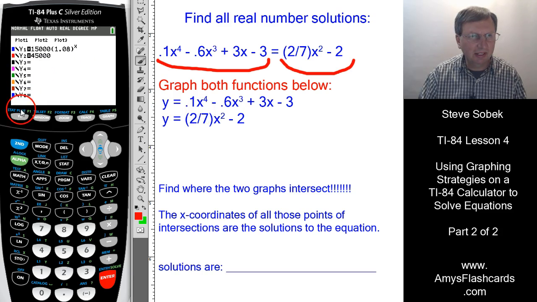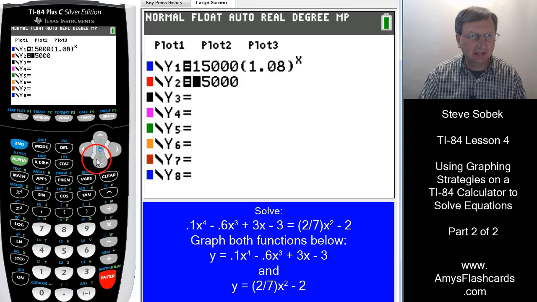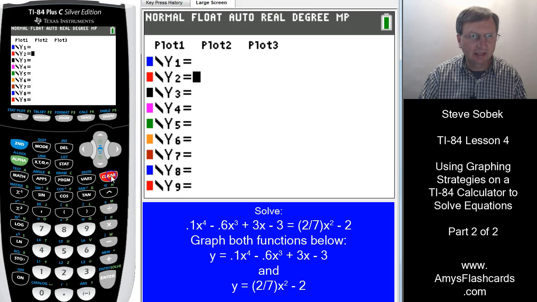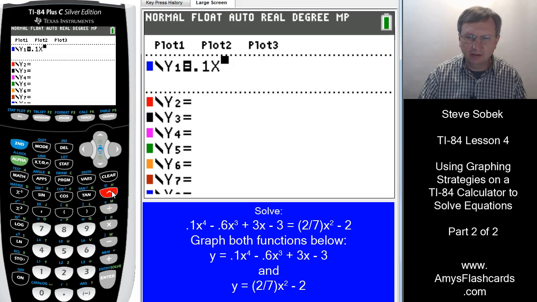So let's go over, hit your y equal to key, and we'll have to get rid of the existing functions. So let's go up here and hit the clear button, hit enter, clear, and then go back up and let's type these functions in together. You can type along with me. 0.1 x, here's your exponentiation right here, x raised to the 4th power.